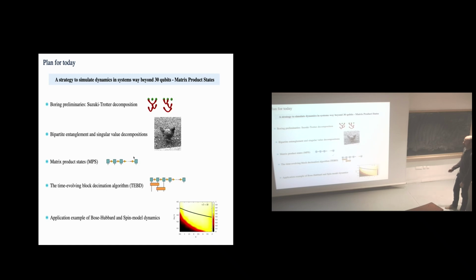Then I want to introduce matrix product states. You hear words like DMRG, which is an algorithm that makes use of matrix product states. There are many different algorithms that you can write down to evolve or manipulate a matrix product state in some particular way.